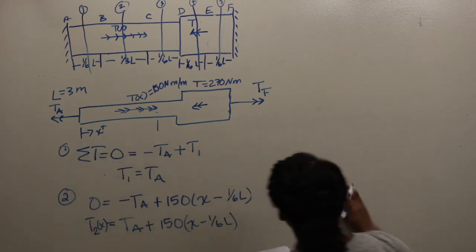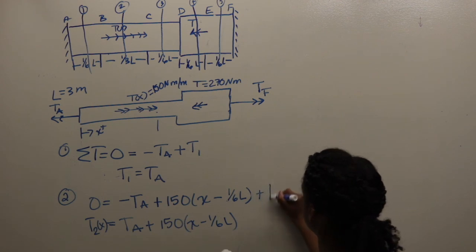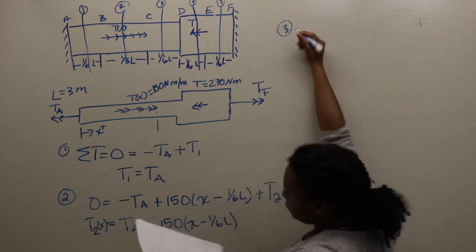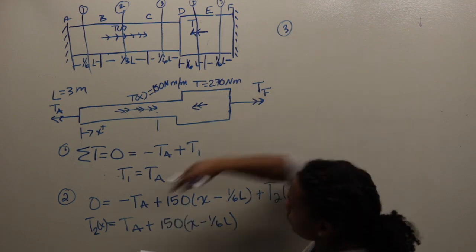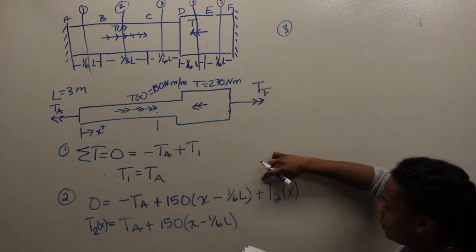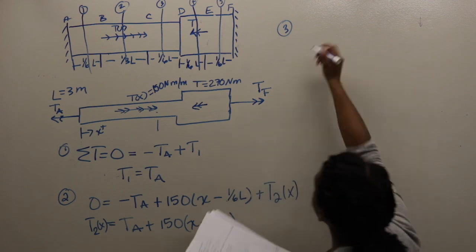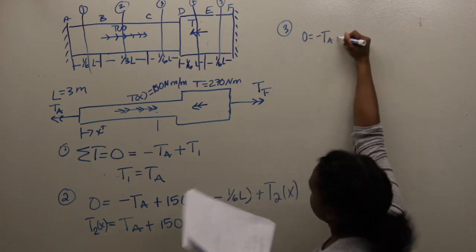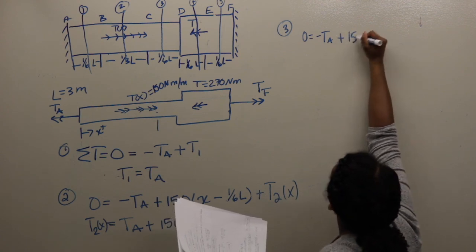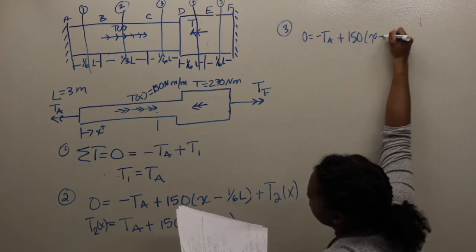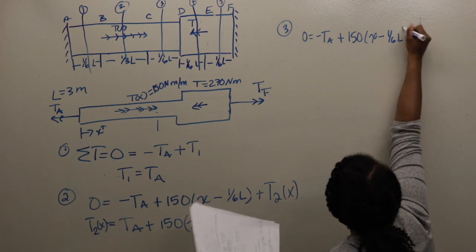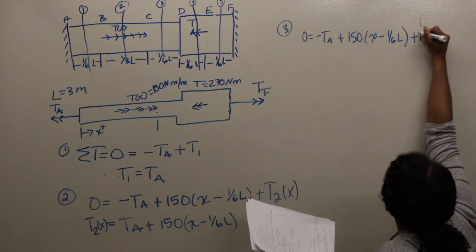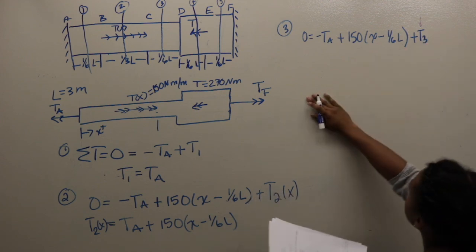So now for 3, you'll have all of this, but x will equal 1.5. So equals negative TA plus 150 x minus 1/6L plus T3.